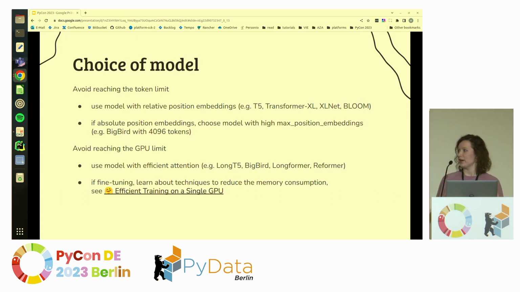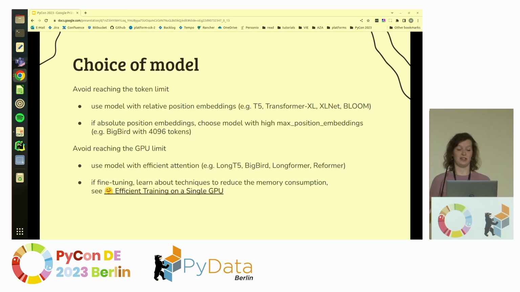If that doesn't work and you do use a model with absolute position embeddings, then you can pay attention that at least it supports a large number of position embeddings. To be honest, there's not too many of those, but BERT, for example, supports more than 4,000 tokens, which should be enough for plenty of use cases.